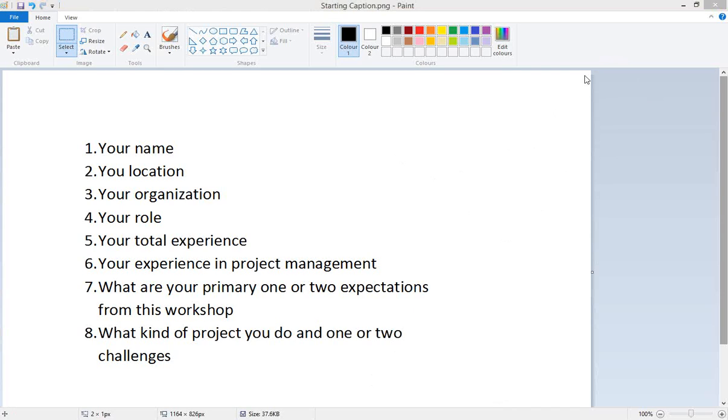Okay, fine. So my name is Amitabh Kukureti. Location is Mumbai. I am presently working in Reliance Communications Limited. I am basically from an IT background. I have total experience of around 20 years, and right from the beginning it is in IT.